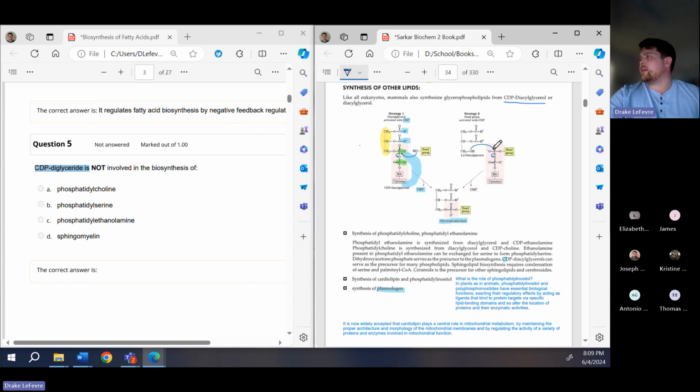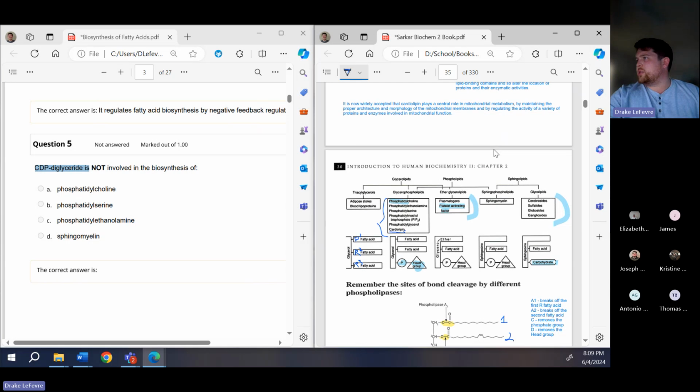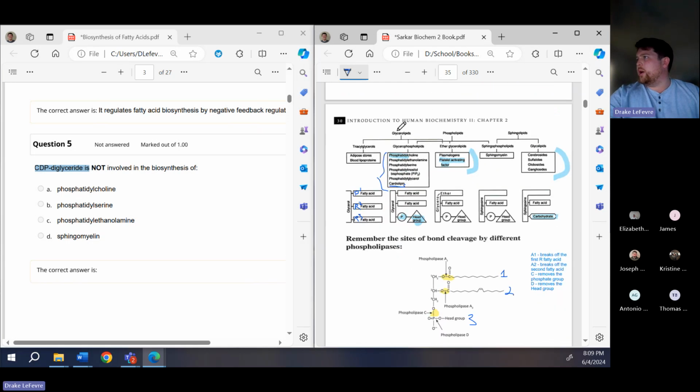I don't know if it's the exact same thing or if it's just similar, but we have this whole little chart, and if we look through it, our glycerophospholipids are all of those phosphatidyl guys right there, whereas our sphingomyelin is one of the sphingolipids on the other side. So CDP diglyceride is one of the glycerophospholipids specifically, a little bit different than our sphingomyelin.